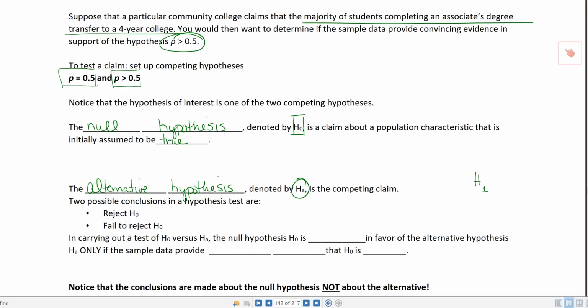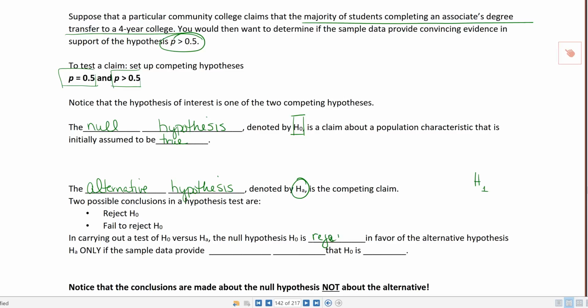Notice that we never actually say that we're going to accept the alternative hypothesis. We are just saying that what we believe to be true maybe isn't, or what we believed to be true maybe is.